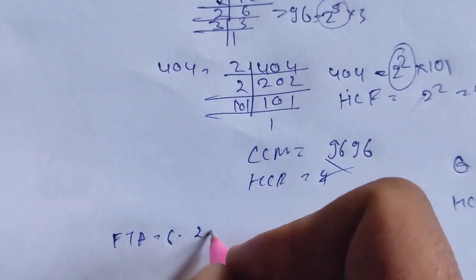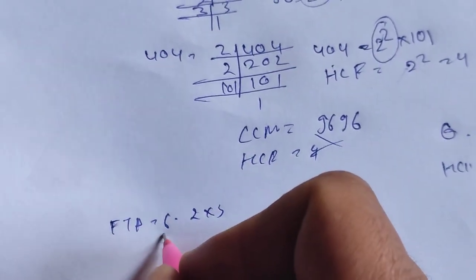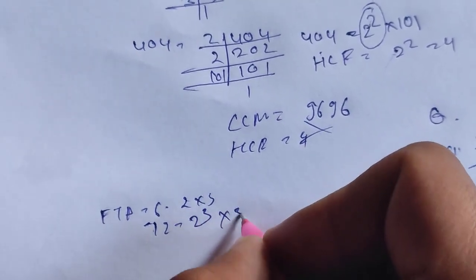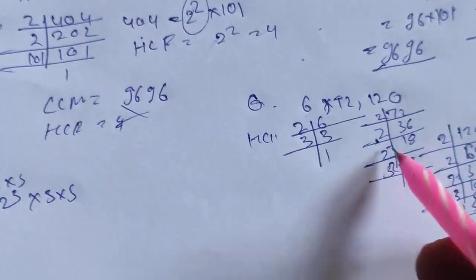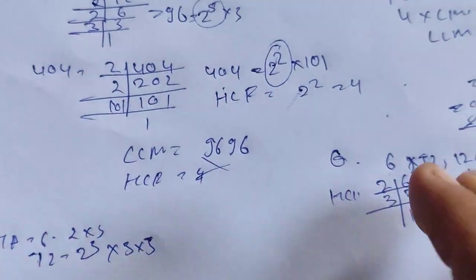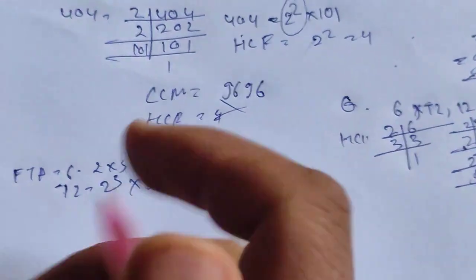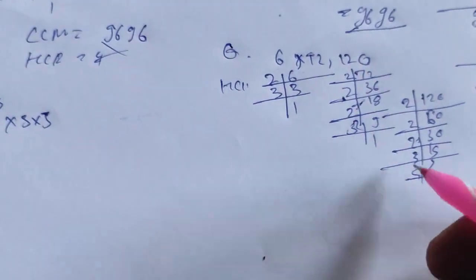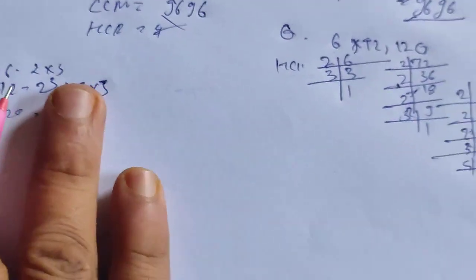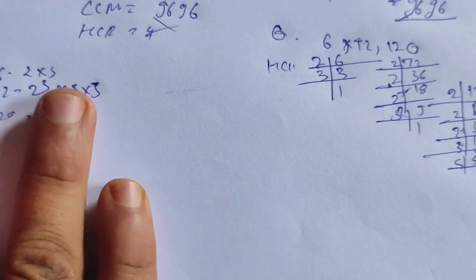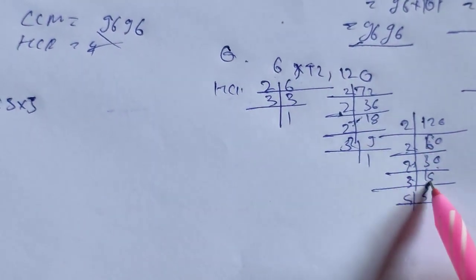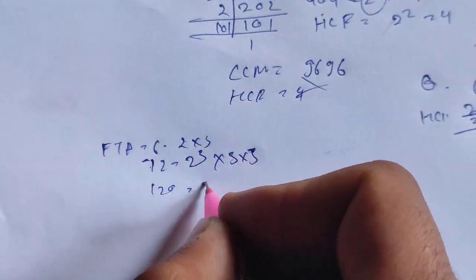For 6 it becomes 2 into 3. For 72 it becomes 2 to the power 3 into 3 squared. For 120 it becomes 2 to the power 3 into 3 into 5.